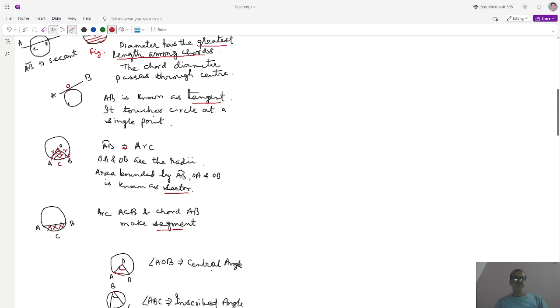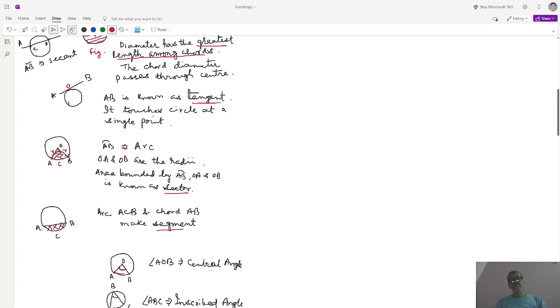So, sector is associated with radius, whereas segment is not associated with the radius, but it associates with the chord and arc.